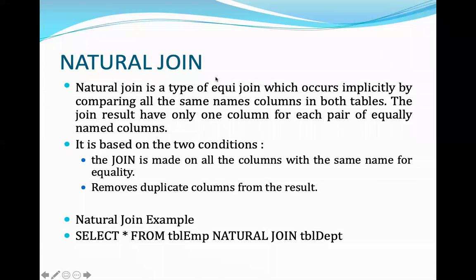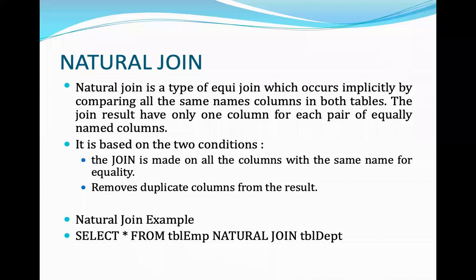Okay, so in the natural join, what happened? We are looking for the common column to compare. When we want to compare two tables, we use some sort of common column. As I told you, with the example of the student table and the library table, let's say in the student table we have the student ID, which is a primary key.